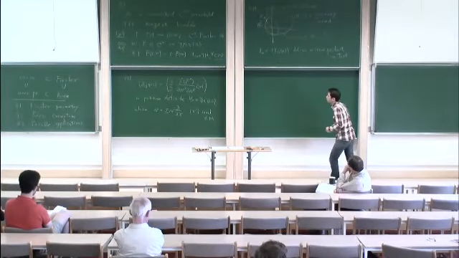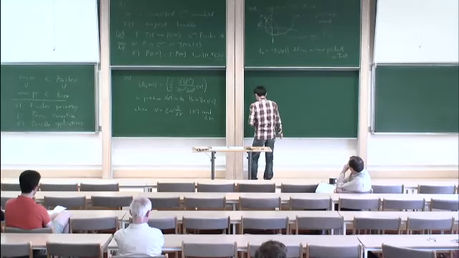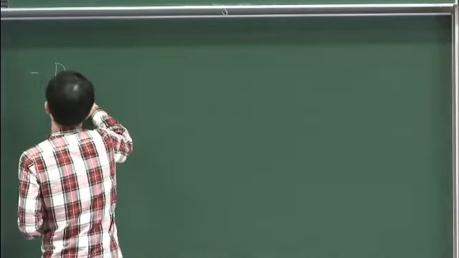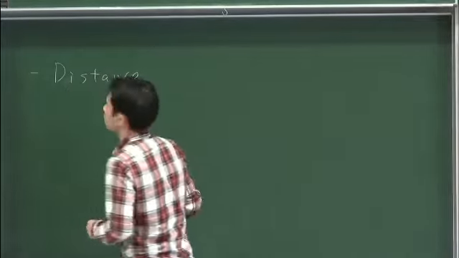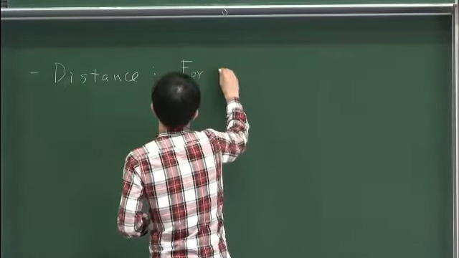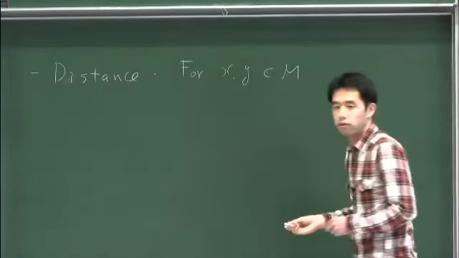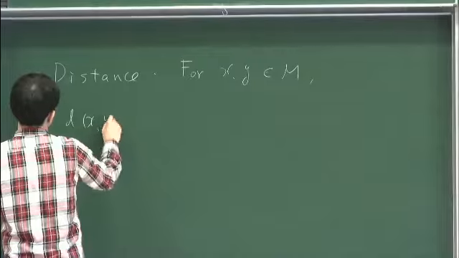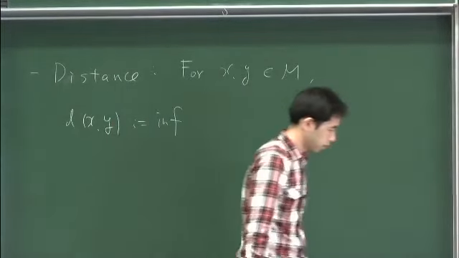Okay, so now by using this F, we can define some natural geometric quantities like distance and geodesics. The distance is defined in a natural way. For points x, y in M, the distance from x to y is just the infimum of the length of curves between them.